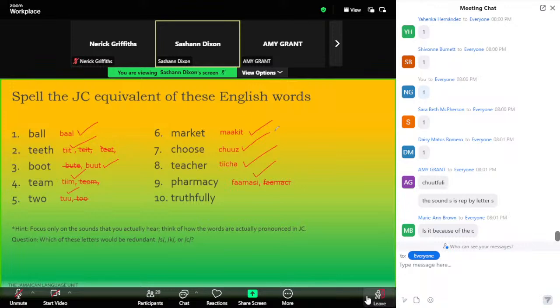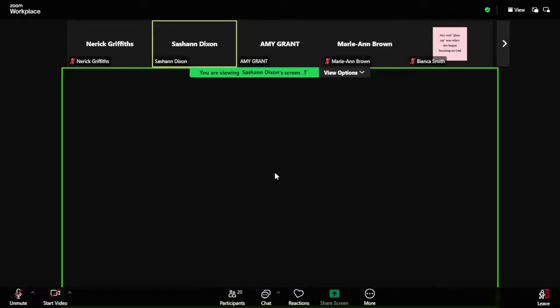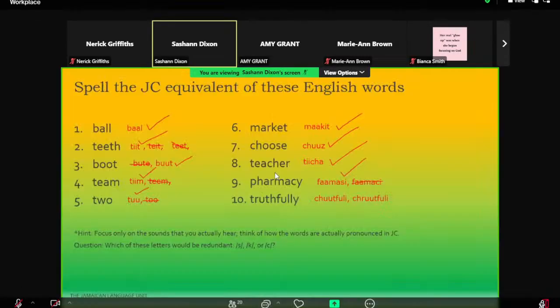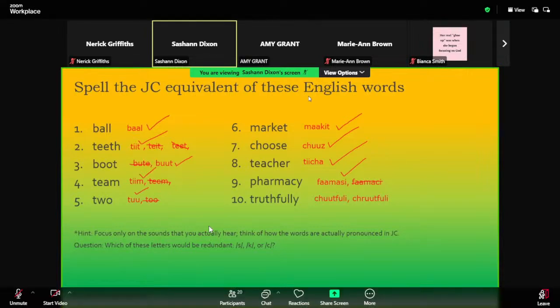All right, I saw some interesting spellings for number 10. Let me see if I can go back up. All right, I saw 1, and I think I saw another 1. Now the pronunciation here, truthfully. Truth. All right, I have that one. Okay, so we have 2 options.